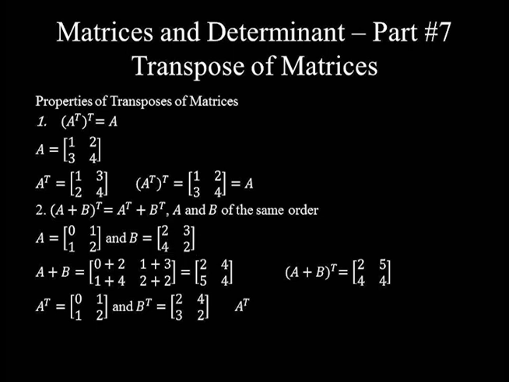So A transpose plus B transpose equals [0 plus 2, 1 plus 4; 1 plus 3, 2 plus 2]: 0 plus 2 equals 2, 1 plus 4 equals 5, 1 plus 3 equals 4, 2 plus 2 equals 4. Again, these two matrices are equal. So (A plus B) the whole transpose equal to A transpose plus B transpose is correct.